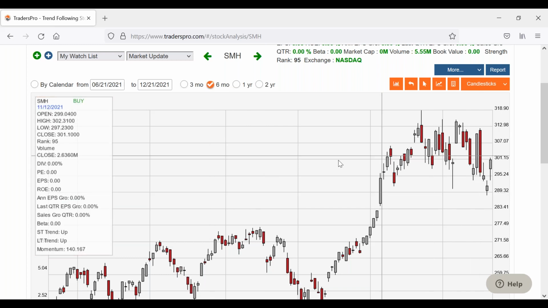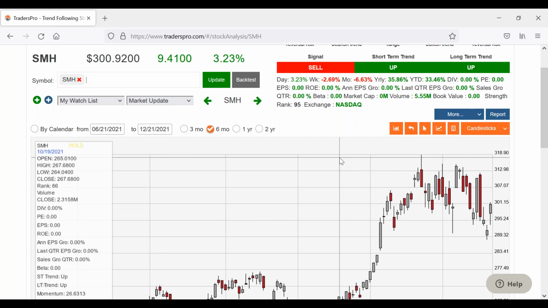But SMH, usually what we're comparing this to is the Nasdaq 100, the QQQ. One of the driving forces right now of technology is the chip sector. I mean, chips are in everything.